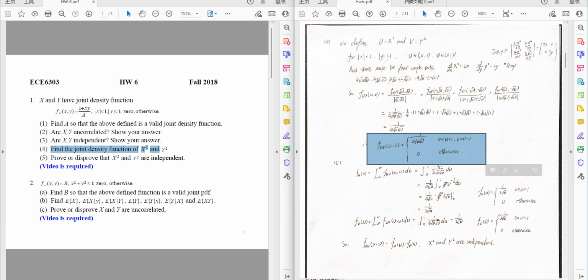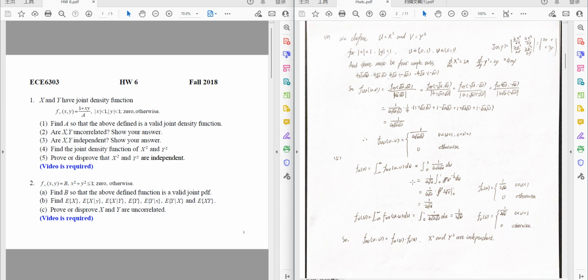And finally, to prove that x squared and y squared are independent, we can check whether the joint density function is equal to the product of the marginal density functions, like what we did in the third sub-question.